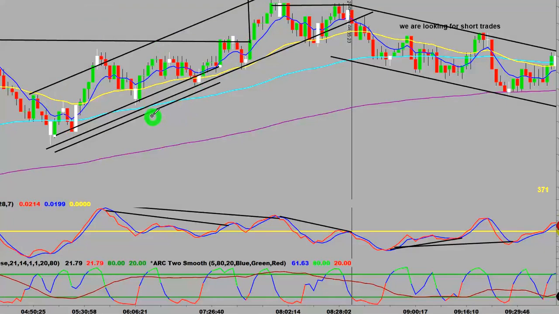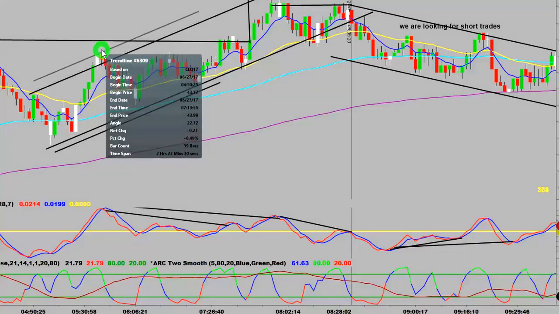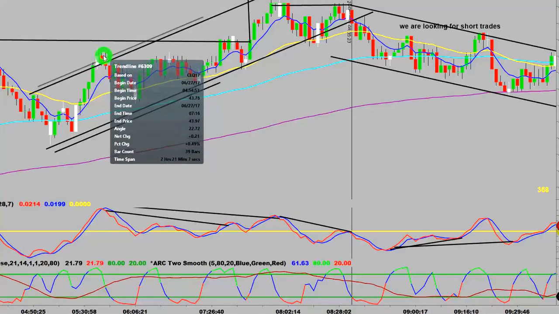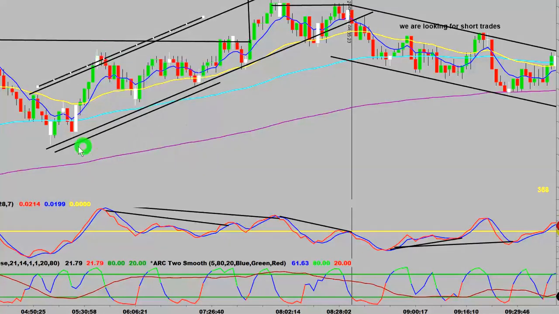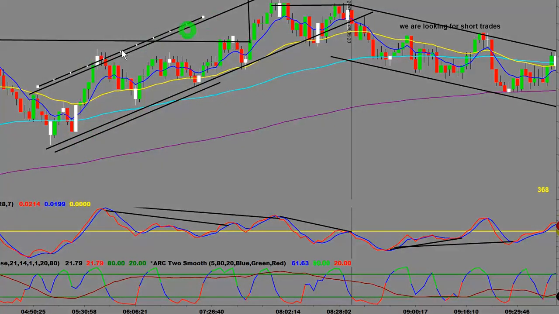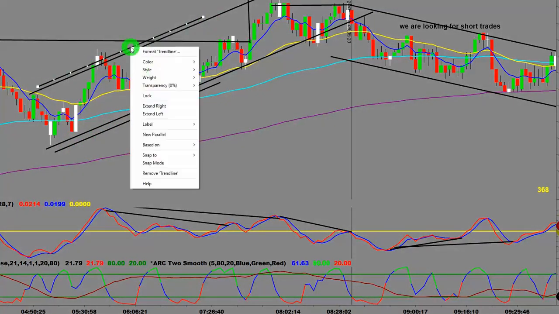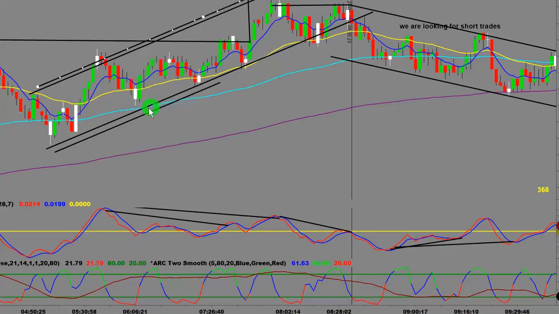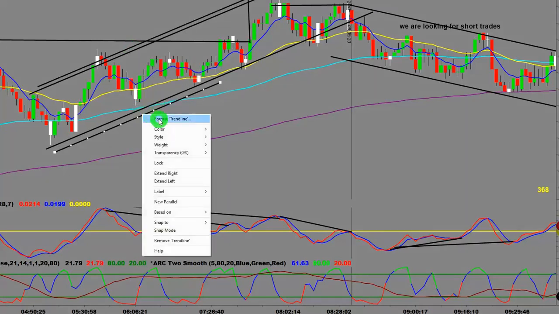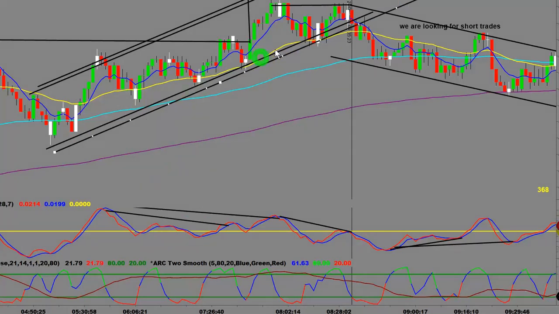Okay, so I'll draw a parallel line, which I have just here, and I will then drag that up to a point. Normally I drag it up to about the top here. Okay, so I've got a couple of touch points. I'm keeping it separate just to make it simple, then I will click on it and extend it right, and I'll extend this one right as well. So that forms my channel.